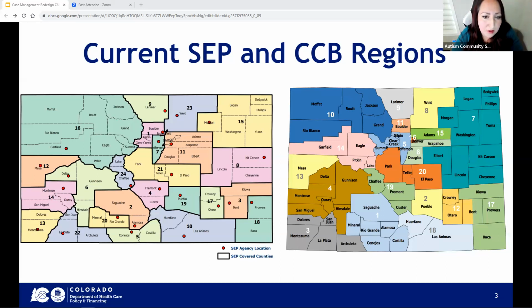When they have to switch waivers, they sometimes have to switch agencies. Each agency is not informed about what the other agencies are doing, and therefore there's not as much knowledge about the waivers that they didn't provide. We've also had a shortage of providers, especially in rural communities, and single entry points and community centered board systems don't align in the types of case management, the quality, the payment structure, etc. But that is what we are hoping to change and improve.